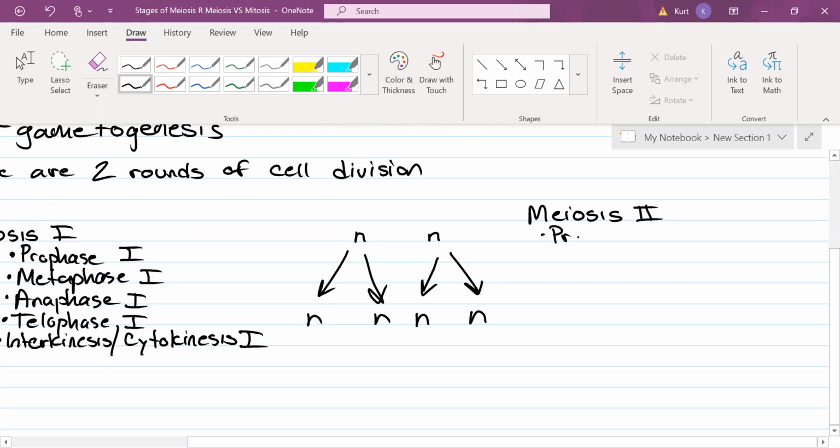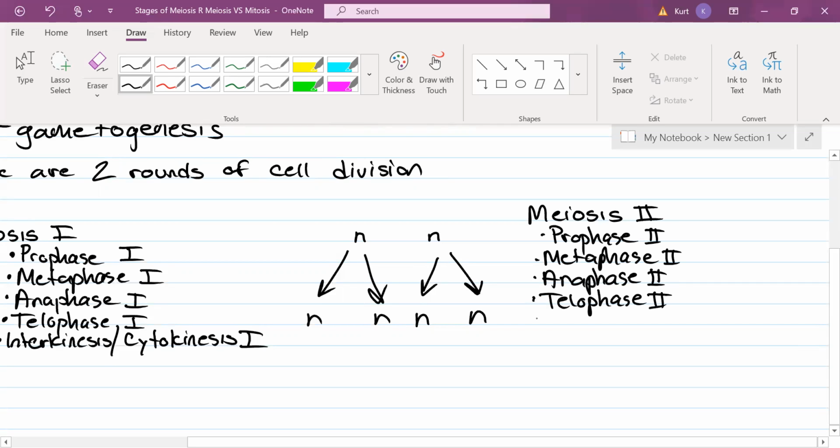This includes prophase 2, metaphase 2, anaphase 2, telophase 2, and cytokinesis. And you can call it 2 if you want to. I'm not going to mark you off if you do.